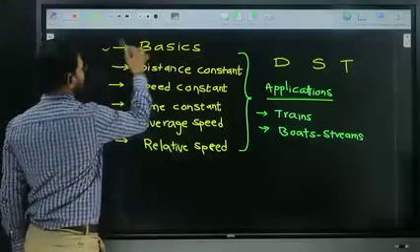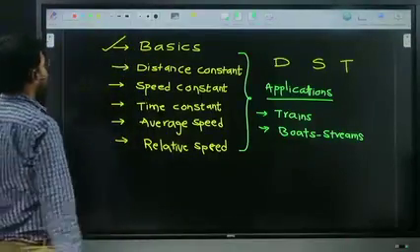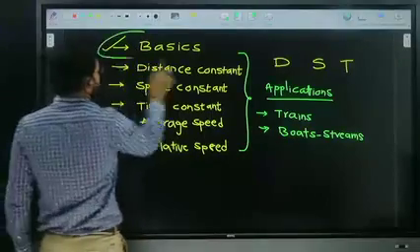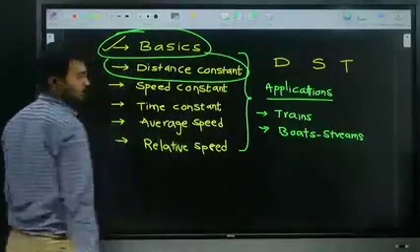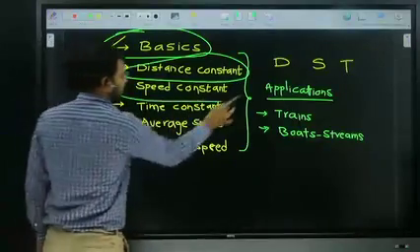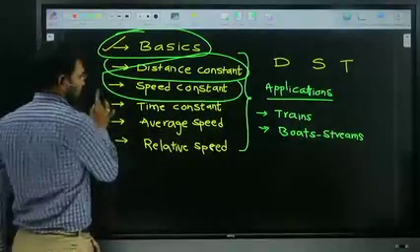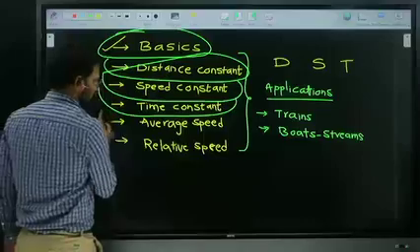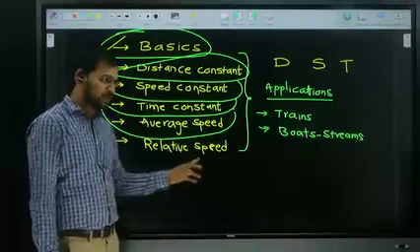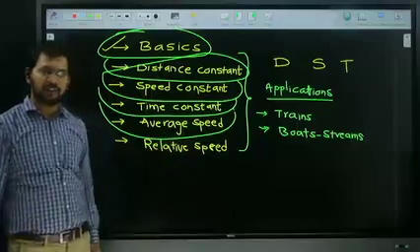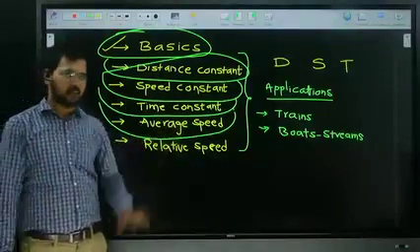Basics completed. Distance constant method completed. Speed constant method completed. Time constant method completed. Average speed completed. In the next class, I will explain what is relative speed and some advanced questions in time and distance, and what are the applications of time and distance.